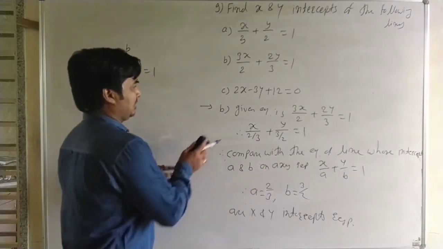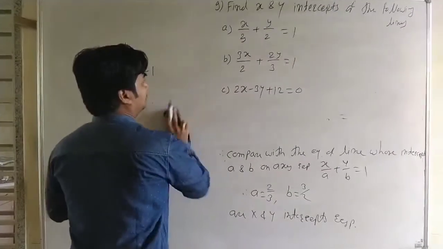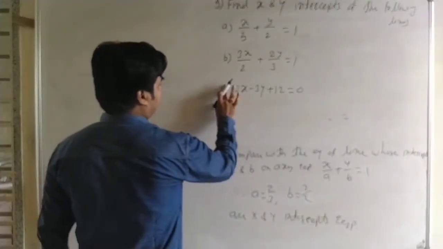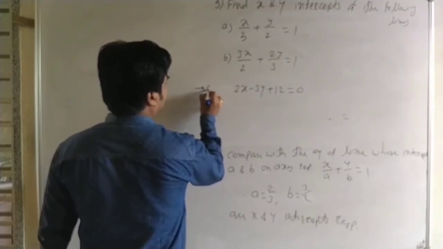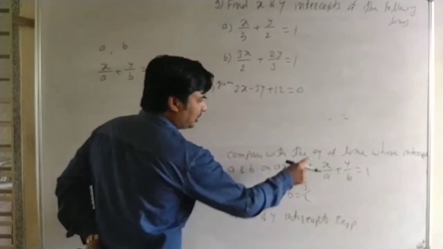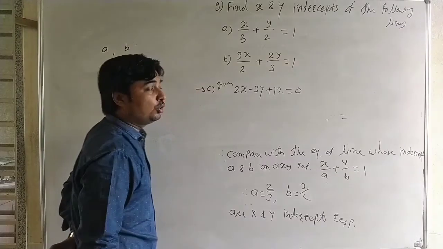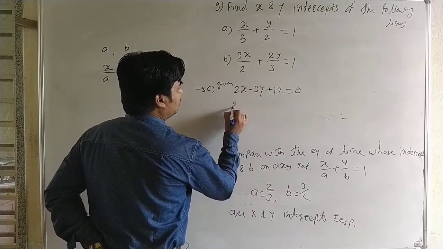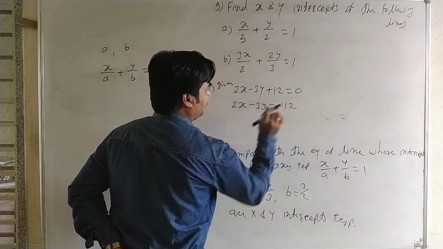Okay, now the last one. Here it is given. Now we want to write the equation of the line in the form x by a plus y by b is equal to 1. Here it is 2x minus 3y is equal to minus 12.